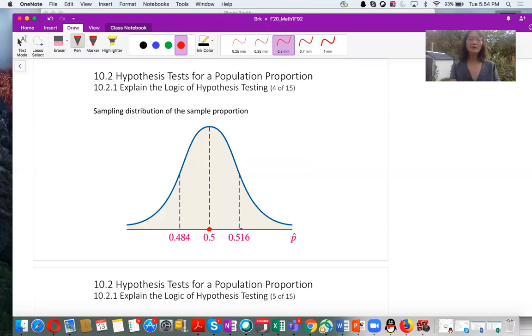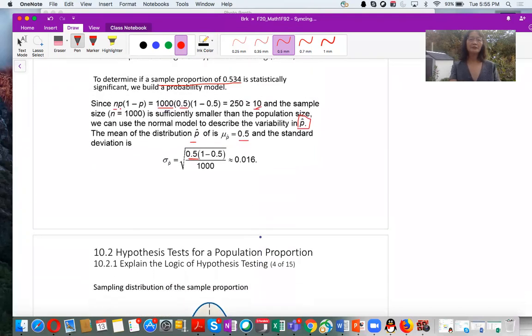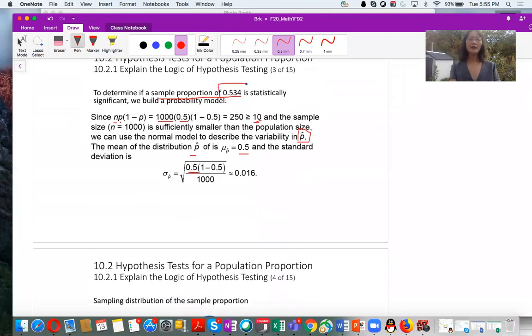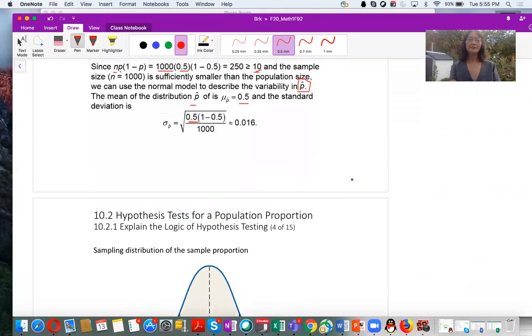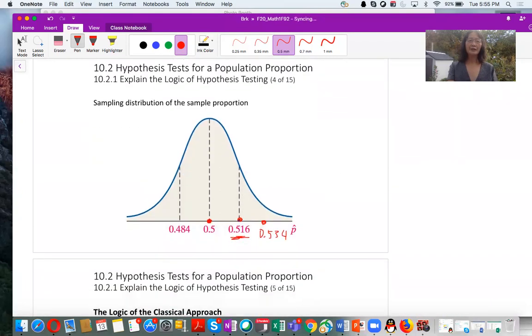The number 0.516 is just one standard deviation away: if you use 0.5 plus 0.016, you get 0.516, this number here.